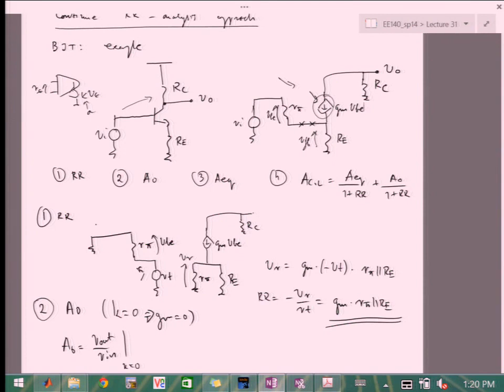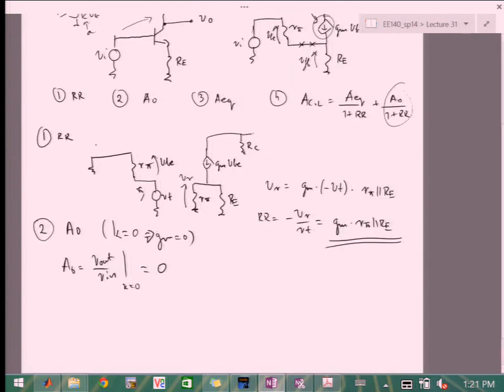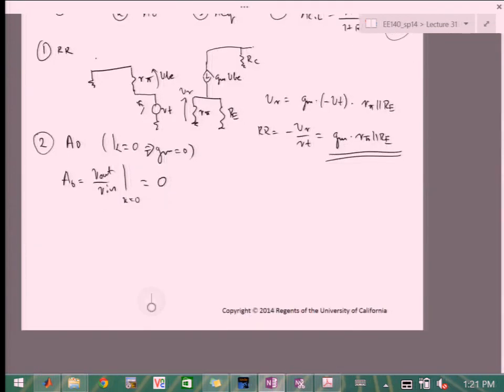So what is V out then? If there's no current flowing here, what is V out? 0, right? So then this forward gain is 0. So in this equation here, this would go to 0, right? Okay? And then what we're left with is this equivalent gain.